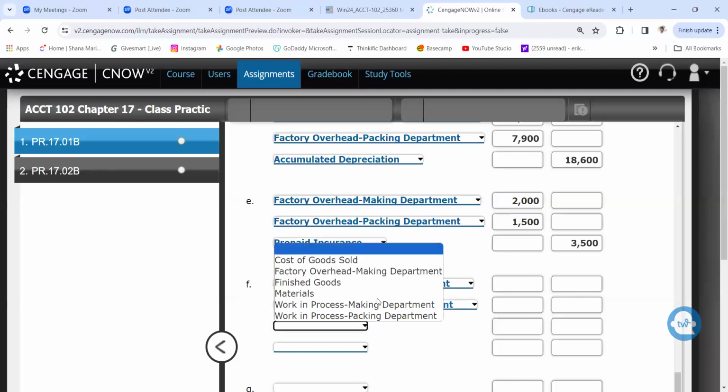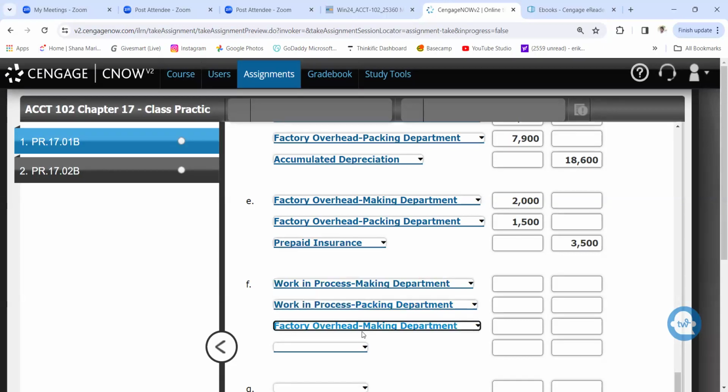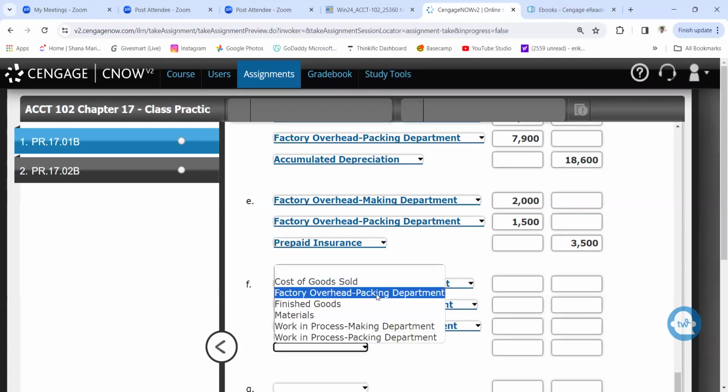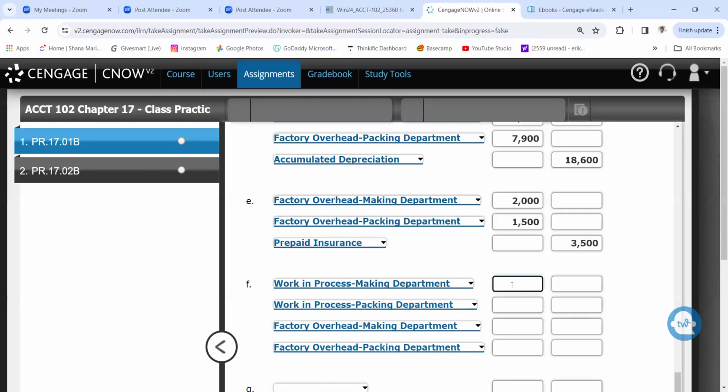And then our factory overhead making, so when we know it's a credit, it is applied. So WIP, we put in 32,570 for making. I'm going to go ahead and do that, 32,570. And then for packing, we applied 30,050.